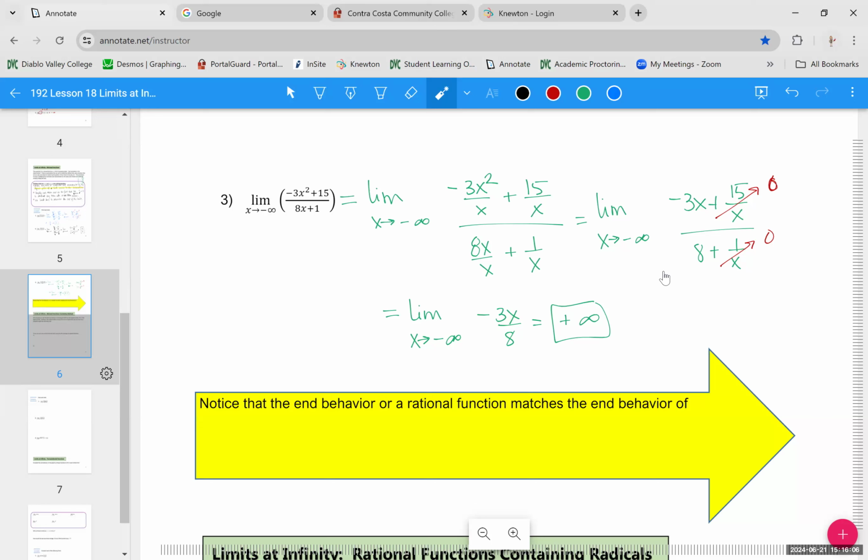Now, there is an observation we can make here. Notice on this one, the power in the numerator was higher than the power in the denominator, and that gave us an x left over in the numerator, which caused the limit to go to infinity.